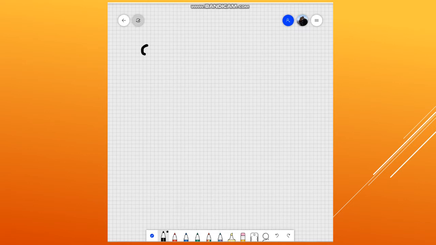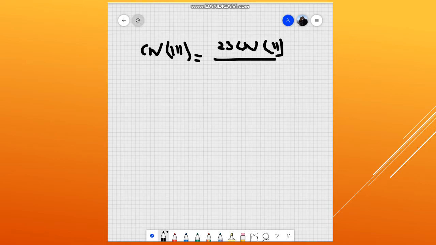The curve number 3 we need to use, which we have the equation of 23 curve number 2 over 10 plus 0.13 curve number 2. We already know our curve number 2 from the previous question, which is 83.8.